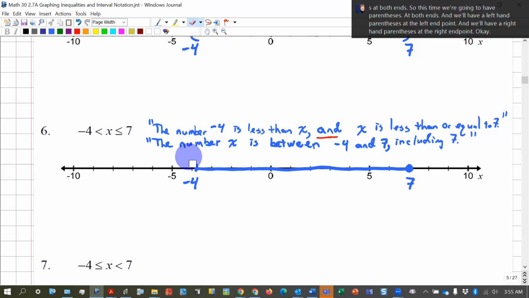So now we know that if x is between -4 and 7, not including -4, we're going to use a parentheses, but including 7, we're going to use a bracket. And we'll use a left-hand parentheses at the left endpoint and a right-hand bracket at the right endpoint.